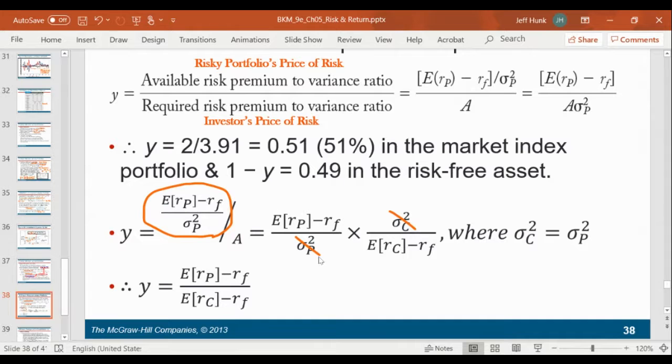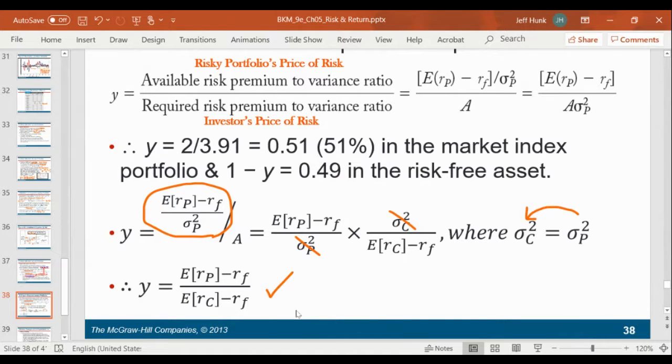And then the variance of the risky portfolio and the variance of the complete portfolio are the same. Isn't that right? Because the risk of the complete portfolio comes not only mainly, but solely from the risky portfolio's variance, right? So they cancel out. If they cancel out, finally, what are you left with?